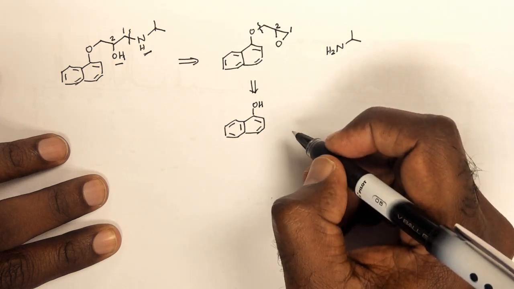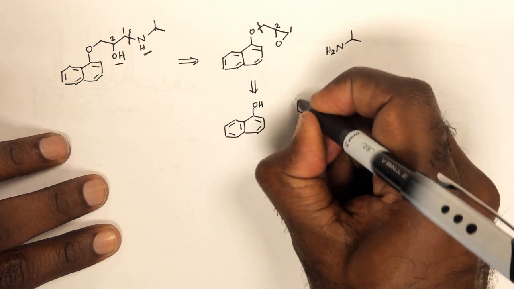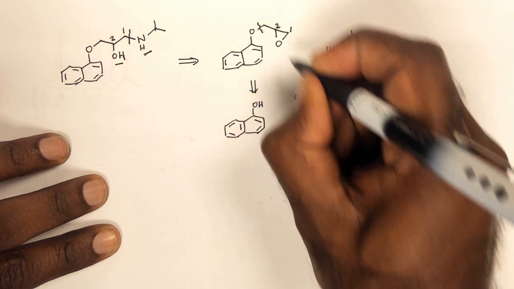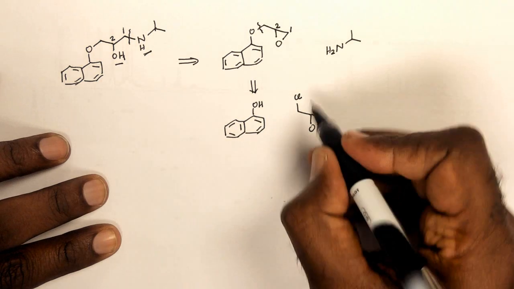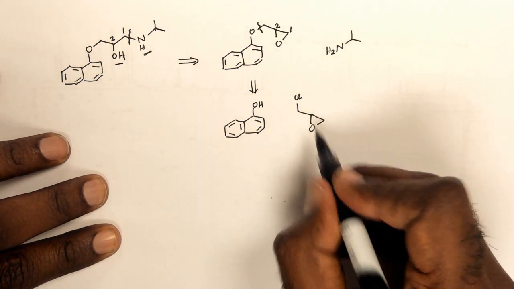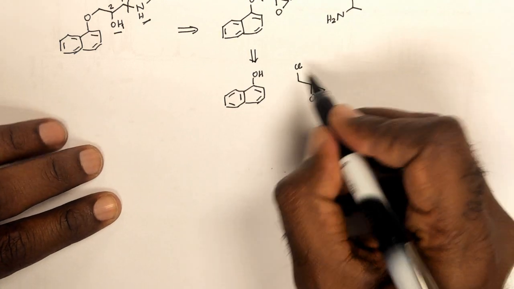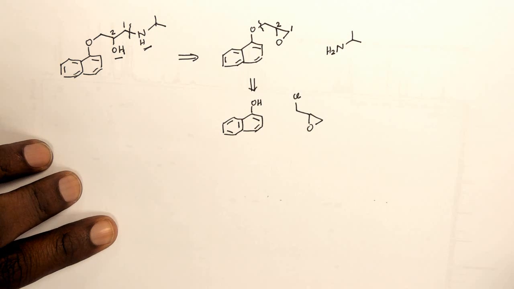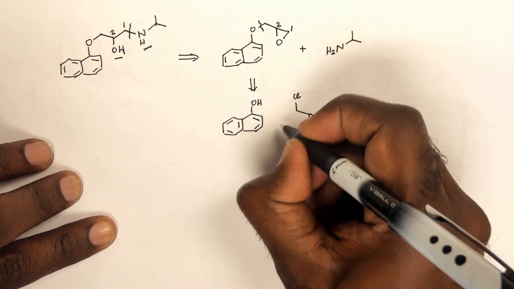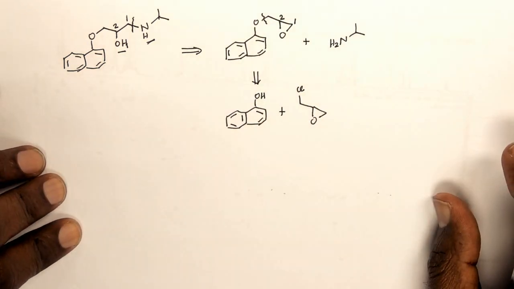That would normally disconnect to the hydroxide or the alcohol, and that carbon atom that you see here would disconnect to the chlorine or the chloride, and this molecule is called epichlorohydrin. Epichlorohydrin is a very useful synthetic reagent. So you've disconnected your molecule into that and that, and disconnected that further into that and that.